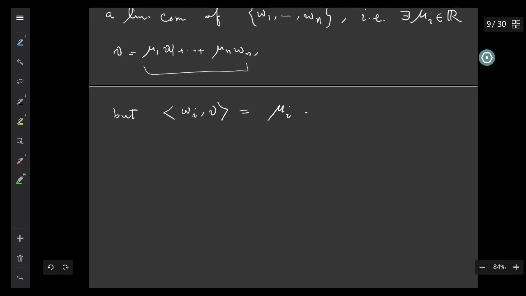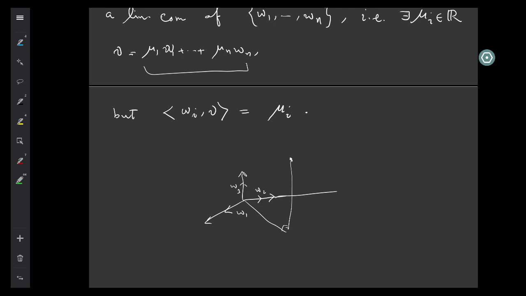So if we have one vector and an orthonormal basis, to find the coordinates we just take the inner product with each of these basis vectors, let's say W1, W2, and W3. And this gives us the coordinates that we are looking for. And that's it.